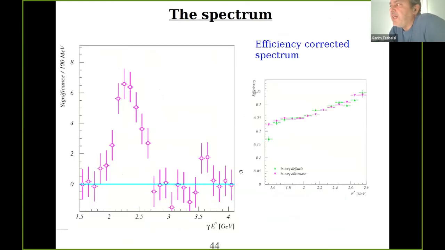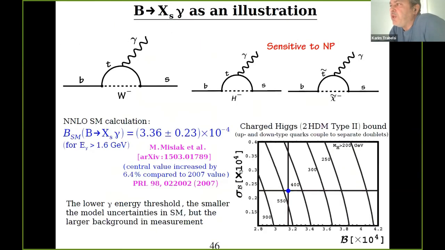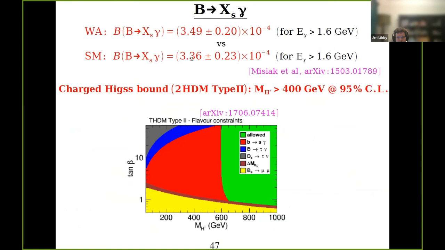But I would say that for now, even if you improve the world average by doing a much more precise measurement, you will still be limited by the theory right now.